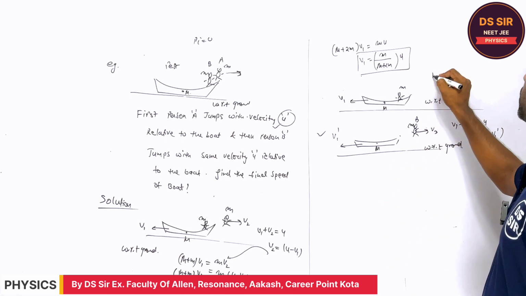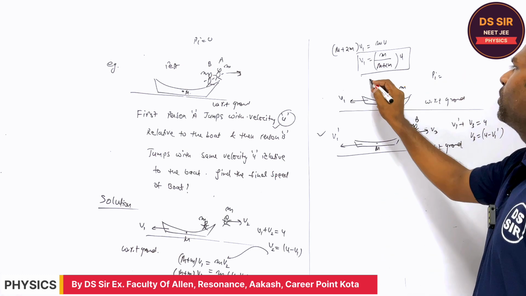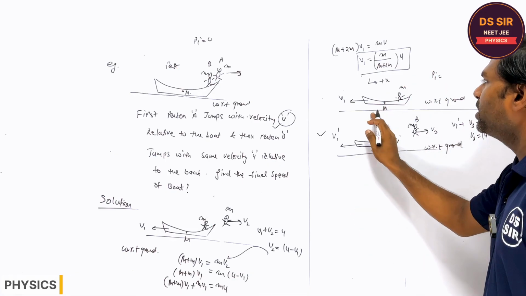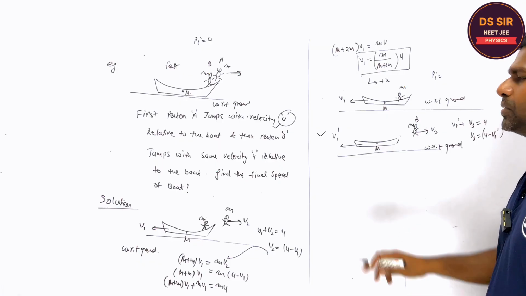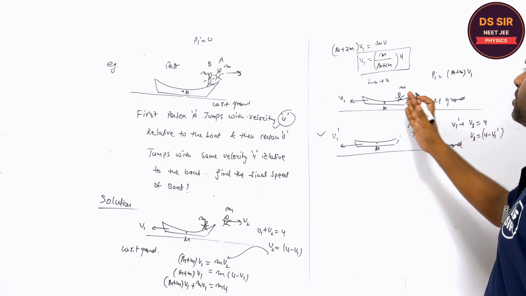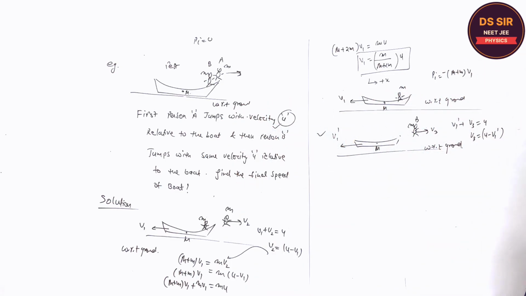So now, what is the initial momentum? If you assume this is the positive x direction, can you write the initial momentum before jump? (M plus m) into v1. But if you take this negative direction, it is negative.